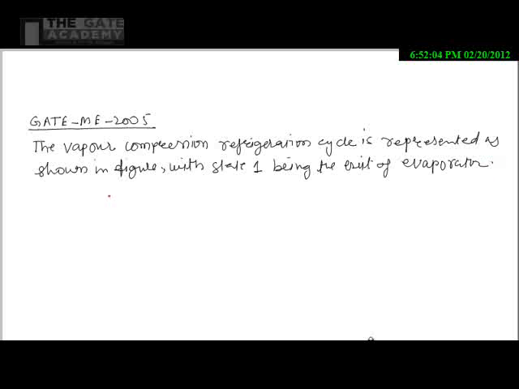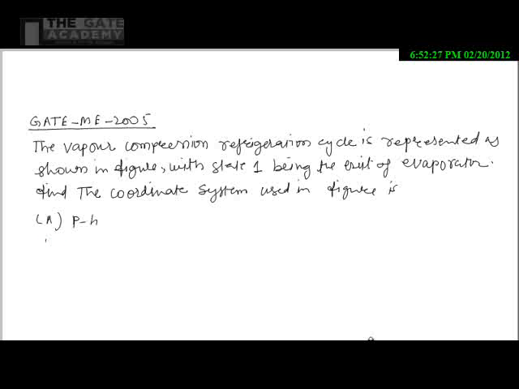The coordinate system used in the figure is, now we have to find the coordinate system used in the figure. Option A, pH diagram, option B, TS diagram, option C, pressure entropy diagram, option D, TH diagram.